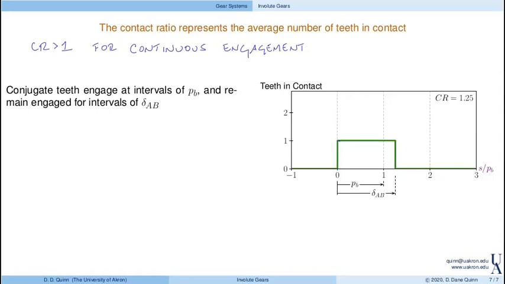They come into contact at some arbitrary point, we'll call it 0, and then they stay in contact for an interval of delta AB, right? And here the contact ratio is 1.25 for this example. So delta AB is 125% longer than PB, right? So they stay in contact for a while, and then they lose contact again, right?